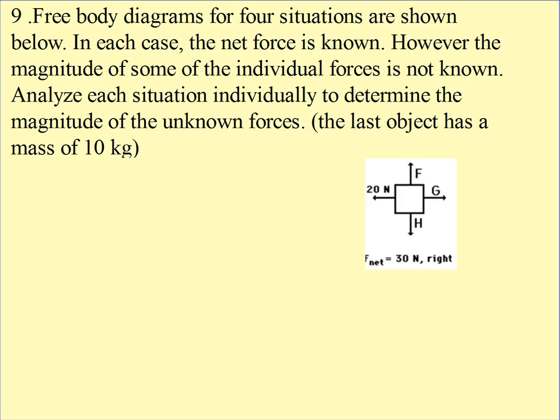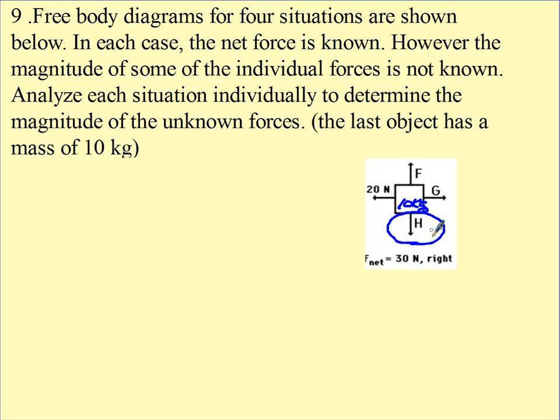Now let's do the last one. We know the mass is 10 kilograms. So when you know the mass, go and put it in there. Let's sum the forces in y first. All I have are F and H. But remember I told you, whenever you have just something pointing down like this, this is the weight.